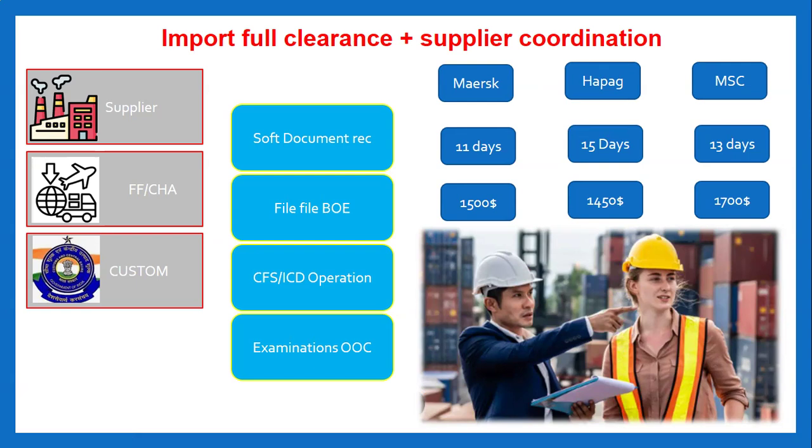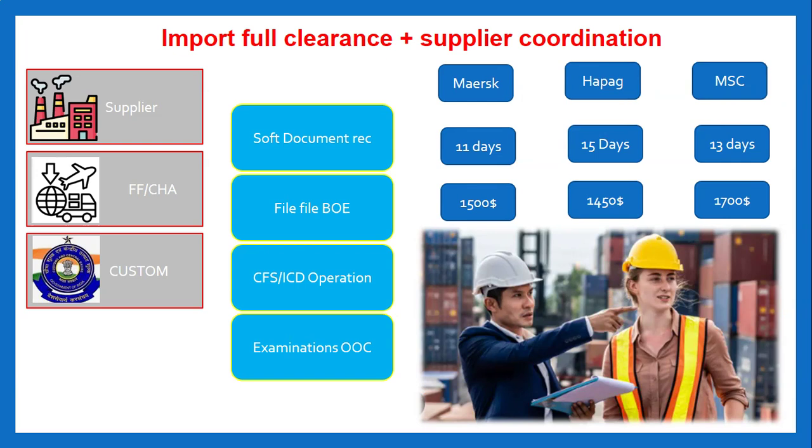We need to keep in mind that we must arrange all the documents at the customs level. If the shipment is against original documents, then we also need to tell the supplier to send the original documents urgently and on time so that we can import the goods on time.